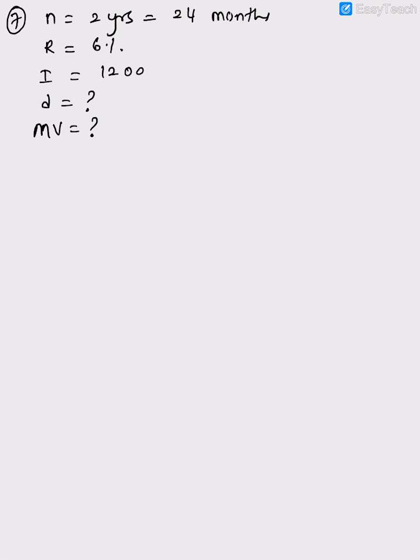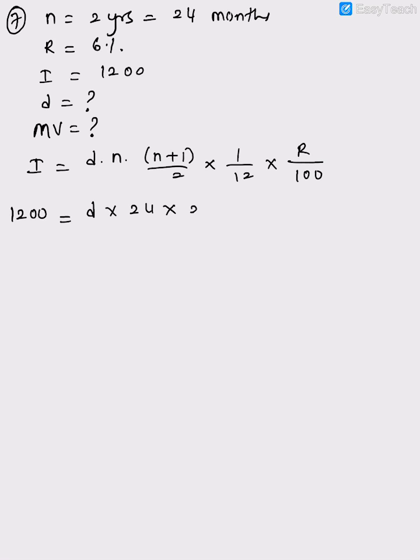Again, since the interest is given, obviously, what are we going to do? Use the interest formula. So what's the formula for interest? D into n into n plus 1 by 2 into 1 by 12 into r upon 100. So interest is 1200, D we do not know, n is 24 into 25 by 2 into 1 by 12 into r by 100.